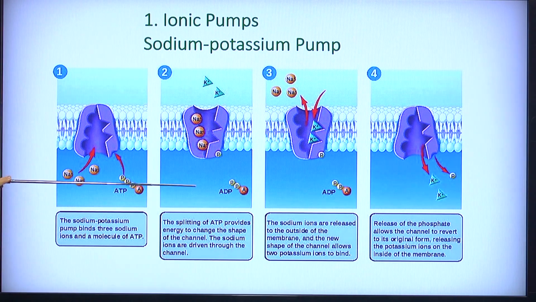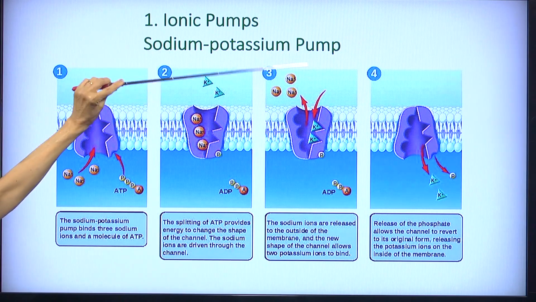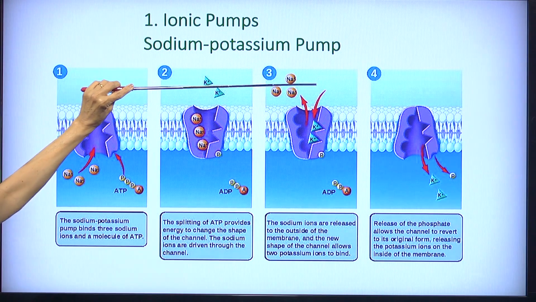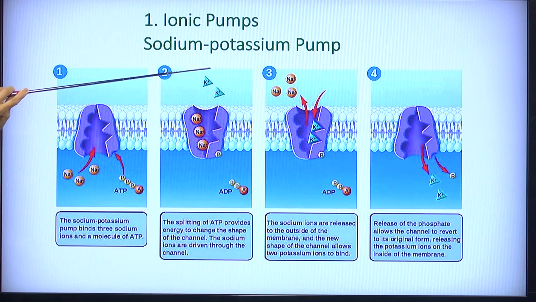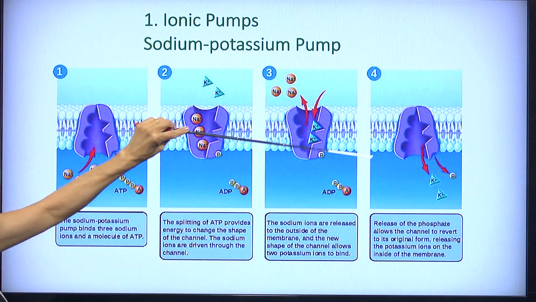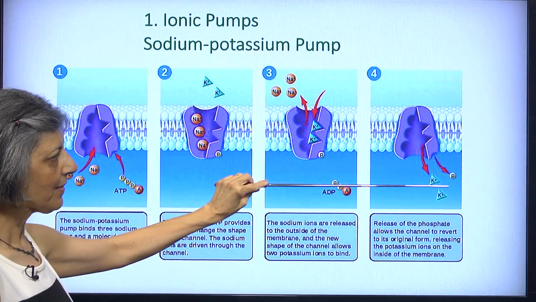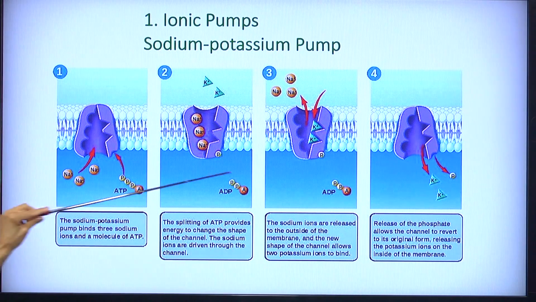So the 3 sodium molecules are going to move into the pump and eventually be ejected outside to the extracellular fluid. At the same time, the pump is going to take 2 potassium ions and bring them inside the cell. And this is why, as I keep reminding you, we have to use ATP.